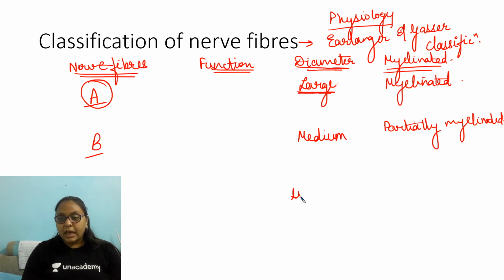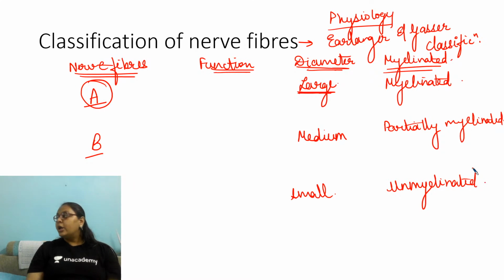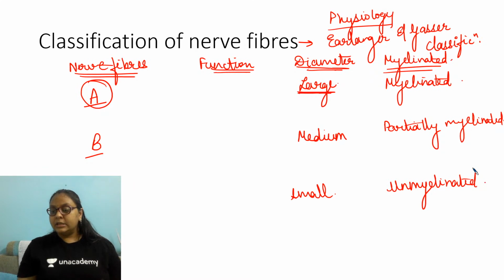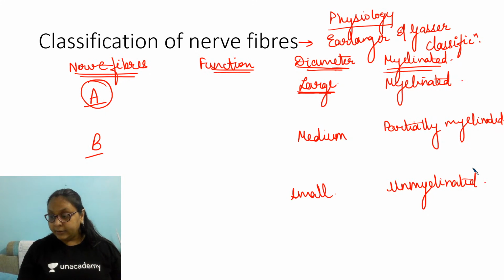C fibers are small fibers, but they are unmyelinated. So depending upon the diameter and the myelination, nerve fibers are divided into A, B and C type. A are the largest fibers and they are myelinated.